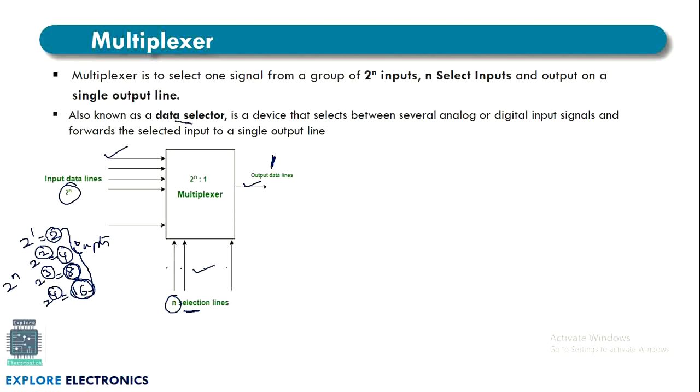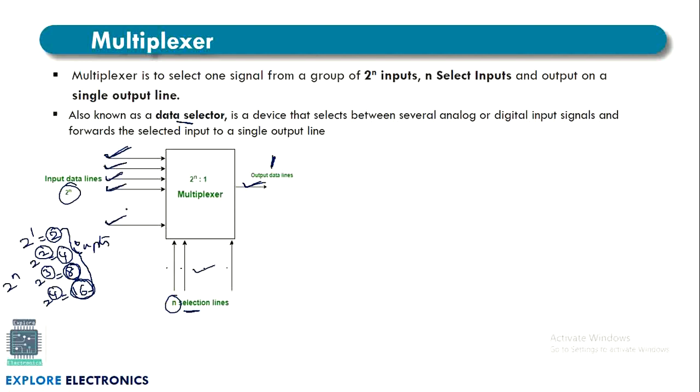This device is also called a data selector. Why is it called so? Because data is coming from different domains, or from different circuits, and we need to choose only one at the output. A better example is our TV cable or TV broadcasting, where we get many different channels.